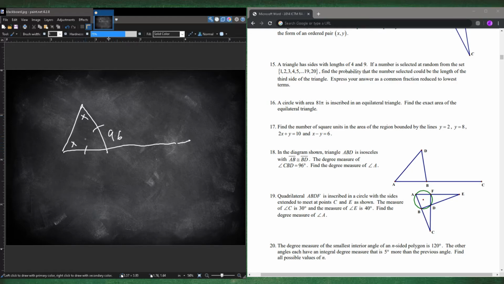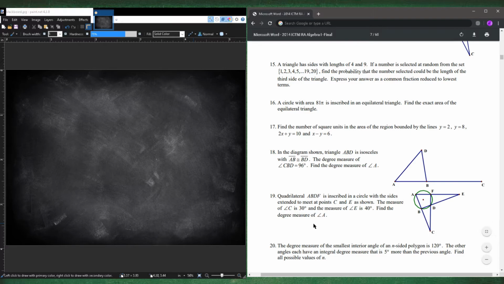Find the measure of angle A. So the two angles added together is equal to the exterior angle. So x plus x is 2x, equal to the one that's exterior to the third one. The third one's here, so the exterior is 96. So that means x is equal to 48. And we have to find angle A, which is 48. So that's all you need to do, 48.